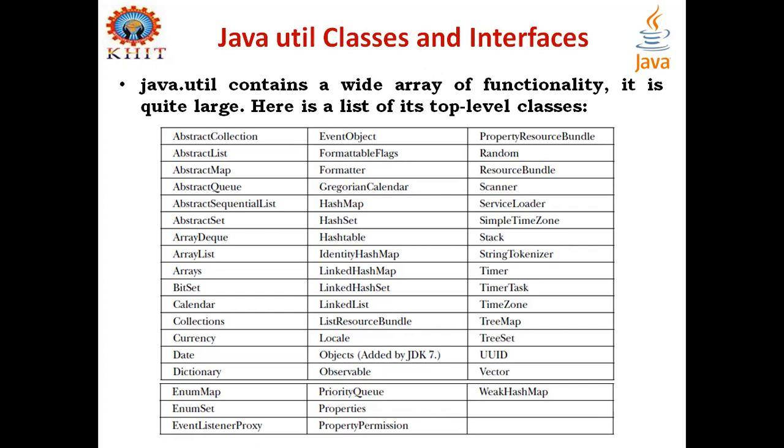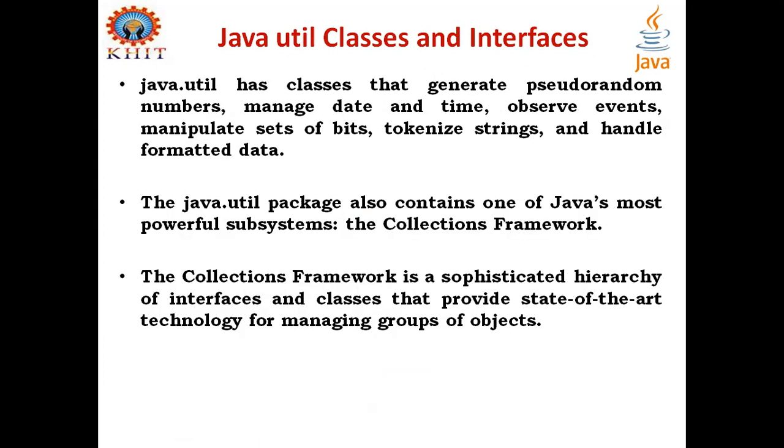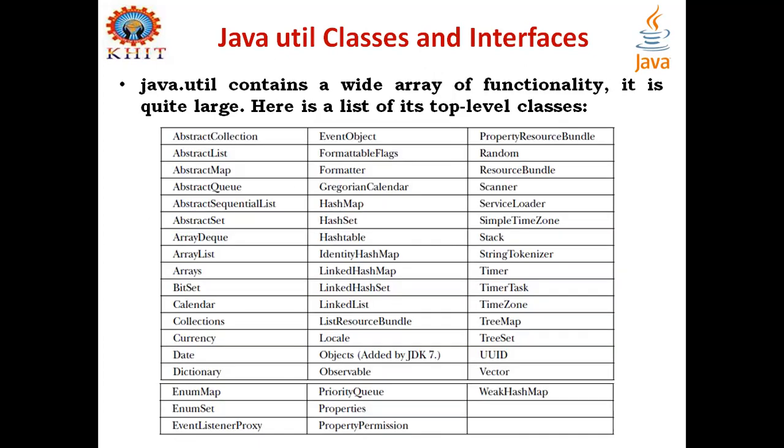In our Complete Reference book, this util package is organized into two chapters, two parts, part one and part two. Part one discusses the collections framework that is part of this util package, and later part two of this util package covers the interfaces and the classes maintained in it.